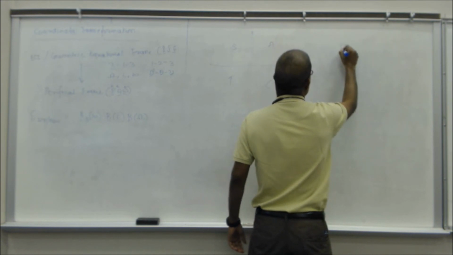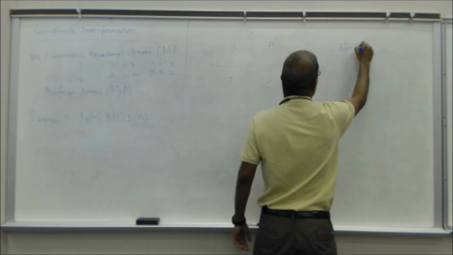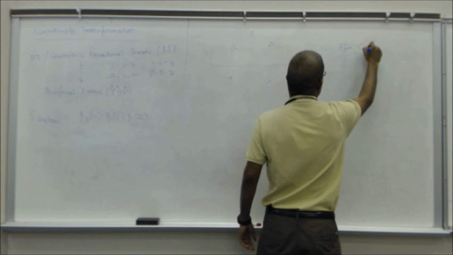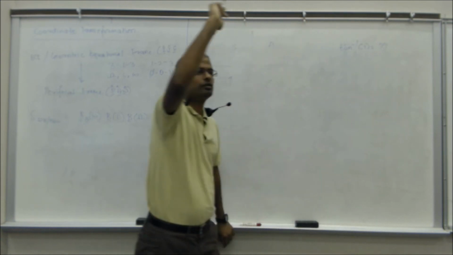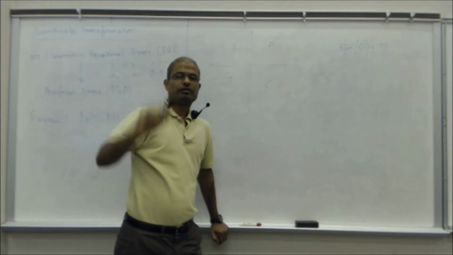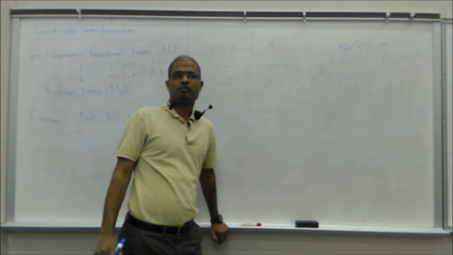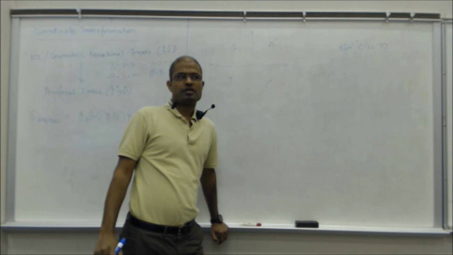All right, let's do this. Tangent inverse of 1 is equal to what? Tangent inverse could be 45 degrees or 180 plus 45, 225.